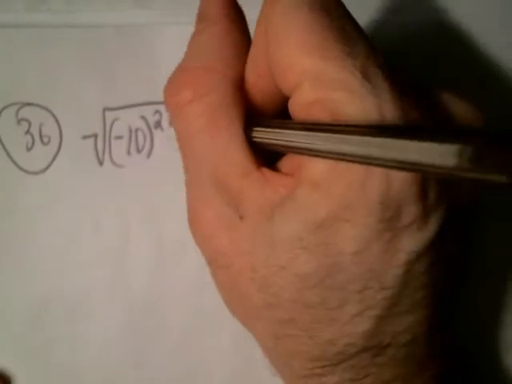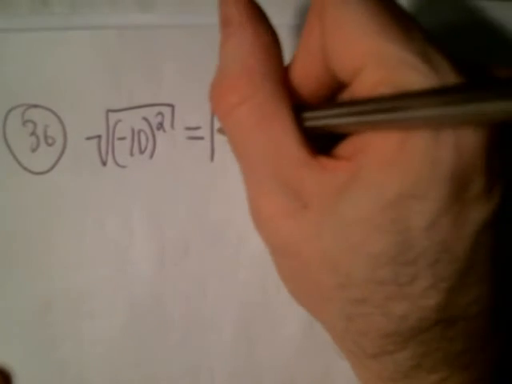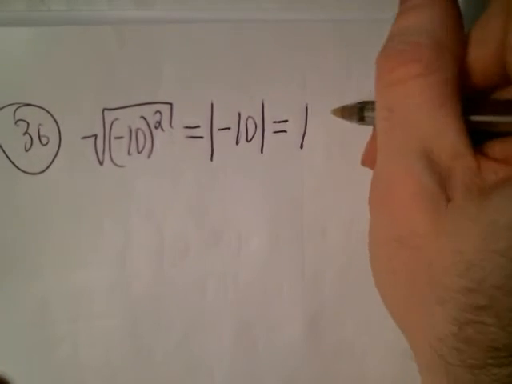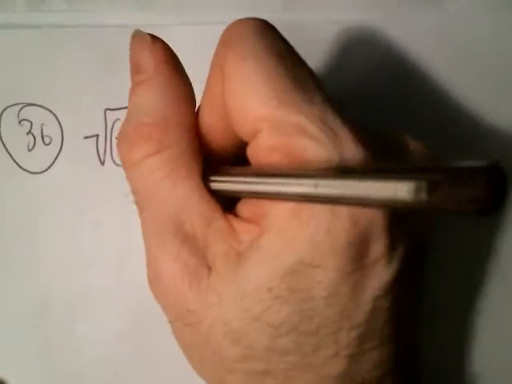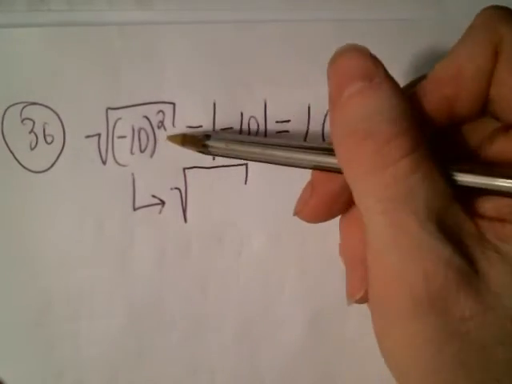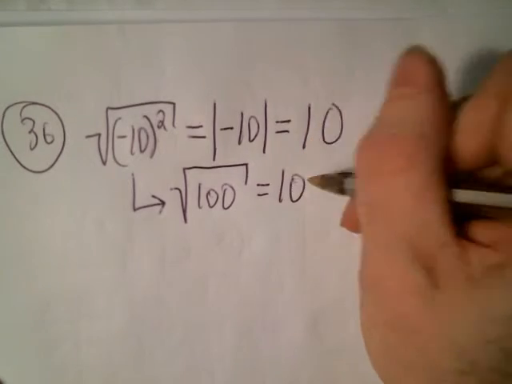Okay. So we're not going to write -10 as our answer. We have to take the absolute value of -10, and that's equal to 10. Of course, this is kind of the answer you would have gotten anyways if you had just worked it out. The square root of -10 times -10 is 100, and then the square root of 100 is 10.